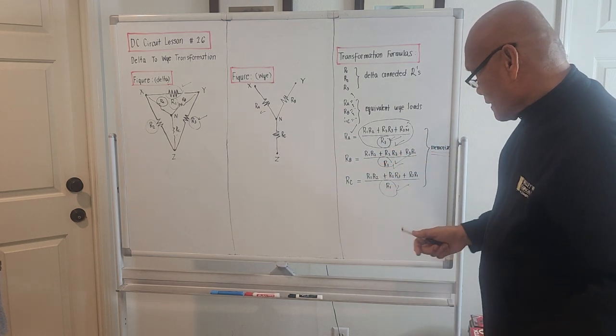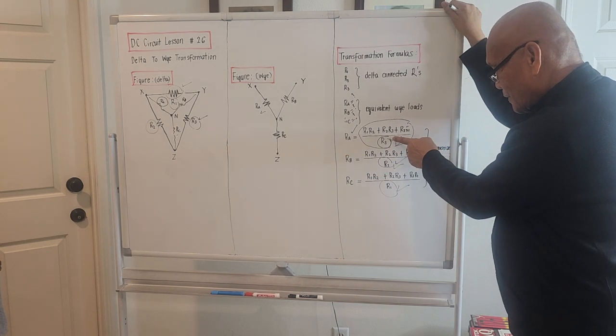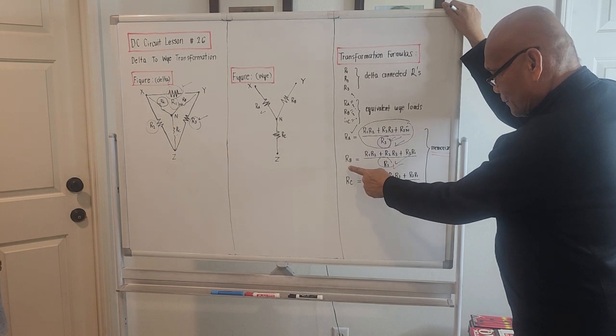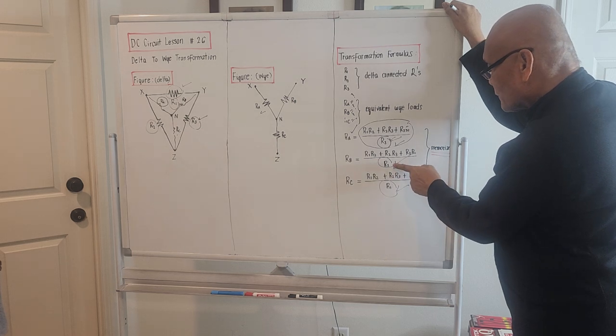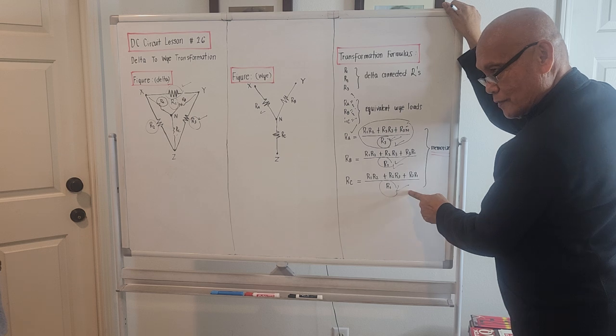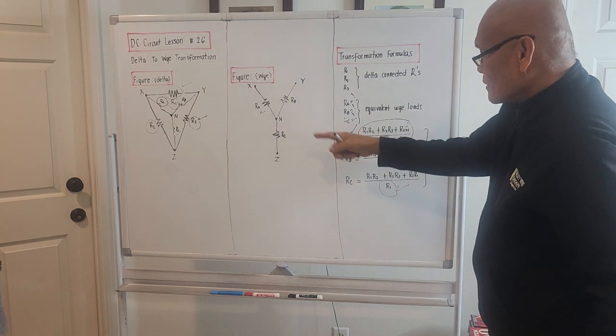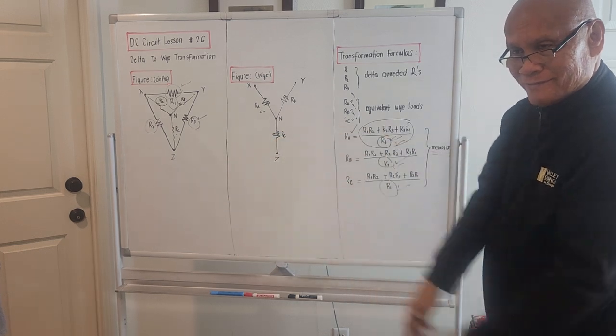But the only trick is that in the computation of R sub A, we should refer to R sub 3 as the denominator. And for R sub B, the denominator should be R sub 2. And for R sub C, the denominator should be R sub 1. You can change the designation of this, it depends on how you label your figure.